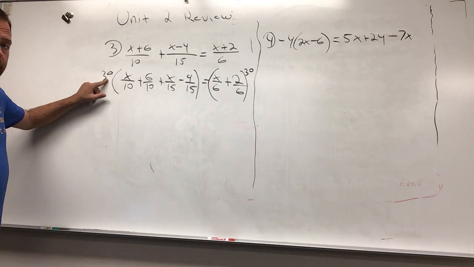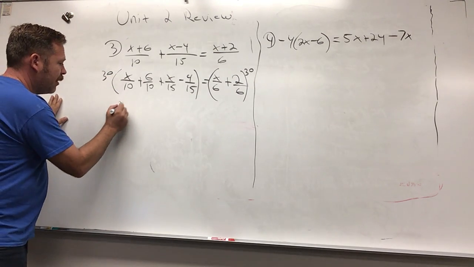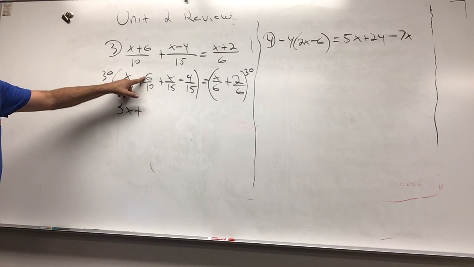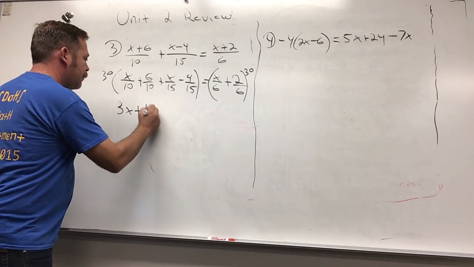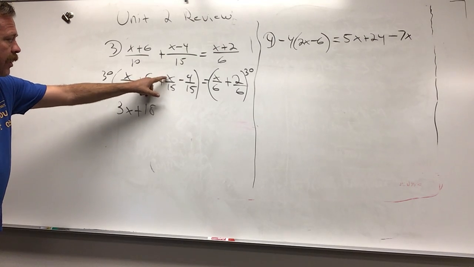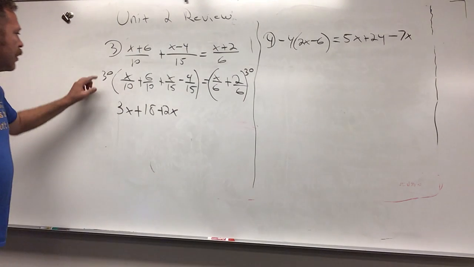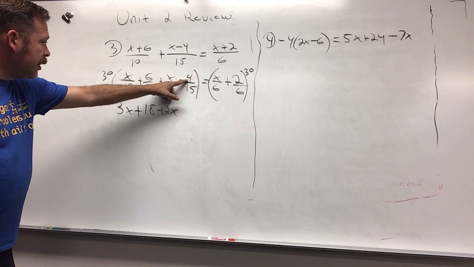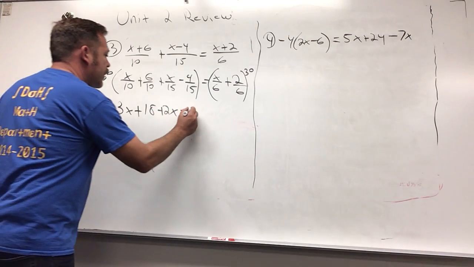Okay, so 30 times 1 divided by 10, 30 divided by 10 is going to be 3x. 30 times 6 is 180, and 180 divided by 10 is 18. 30 times 1 is 30 divided by 15 would give me 2x. 30 times 4 is 120, and 120 divided by 15 is minus 8.